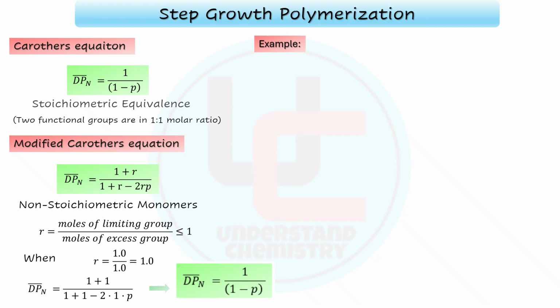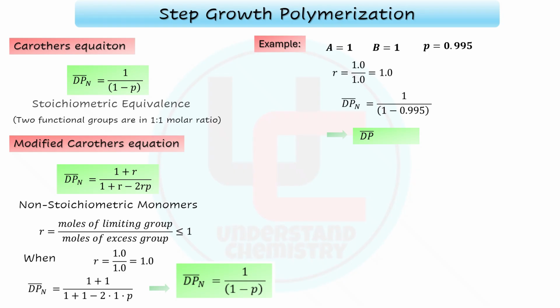Now let us understand how a slight change in the stoichiometry makes a big difference. Suppose for a reaction, we use equimolar concentrations of both functional groups. Let us calculate the DPn when p is equal to 0.995. By placing the value in either of these equations, we get DPn is equal to 200. Now consider a non-stoichiometric system.